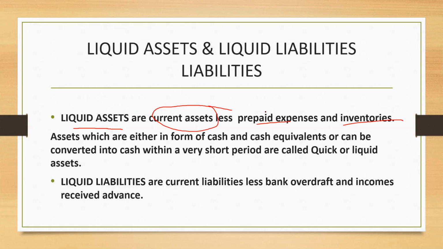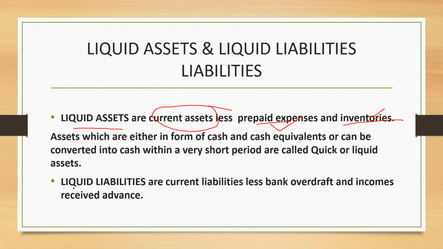If you deduct prepaid expenses and inventories from current assets, you'll get your liquid assets. Why are we deducting these two? You cannot convert your inventories into cash whenever you want. You cannot sell all those inventories whenever you want. And prepaid expenses are also not assets which will give you cash. Therefore these are deducted from current assets, and you get liquid assets.